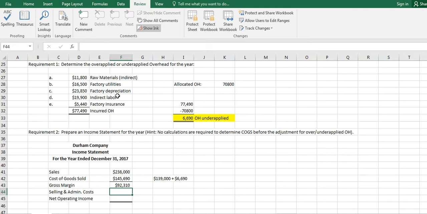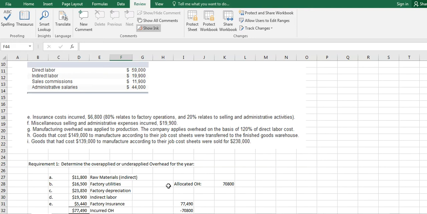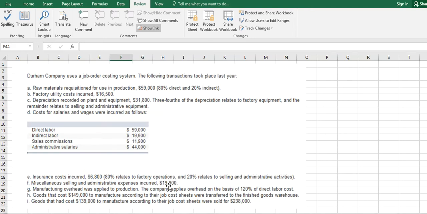That looks better. Our selling and administrative costs, we actually have to, again, look through each of those transactions and try to pick out our selling and administrative costs. So I'm going to scroll up and pull those out one at a time.